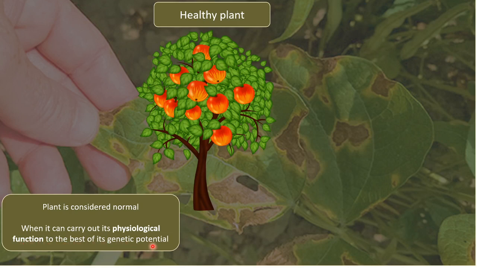So, when an organism or a plant can carry out all of its physiological processes properly on a daily basis, only then can the plant be called a healthy plant.